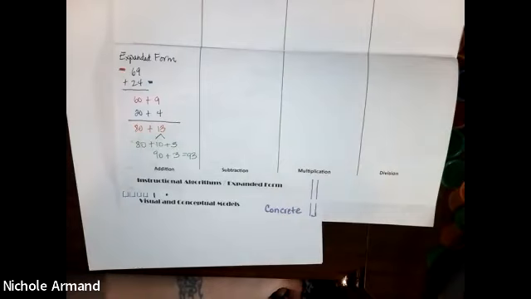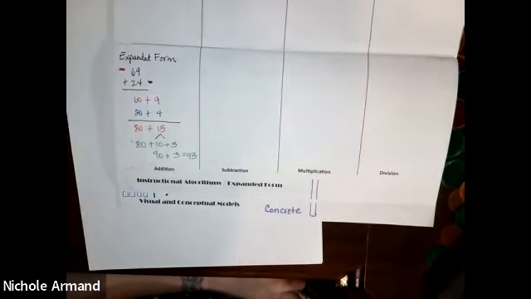So notice that we didn't do any carrying, which is what we used to say back in the day when I was learning this. And we didn't even really do any regrouping. We just expanded the numbers and added them.